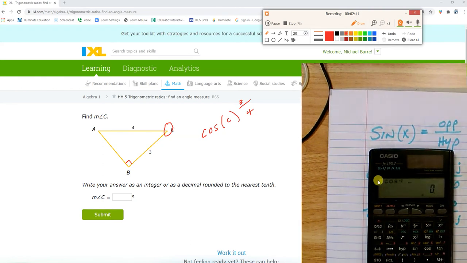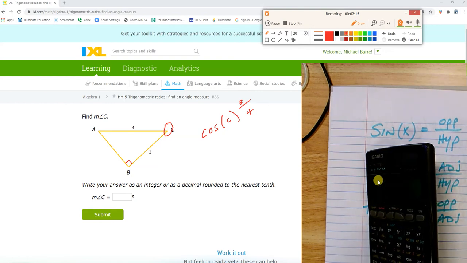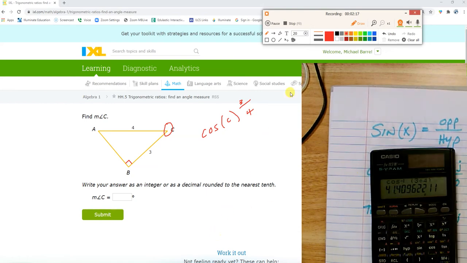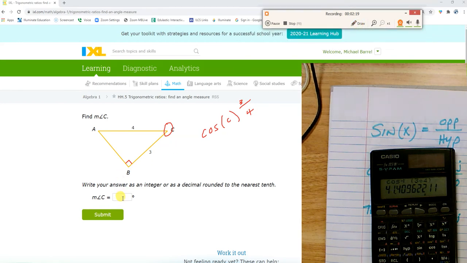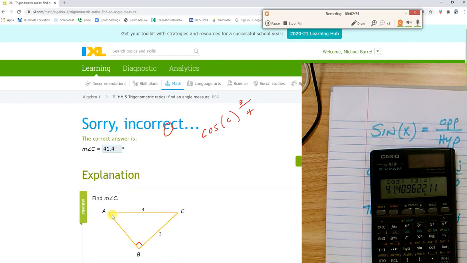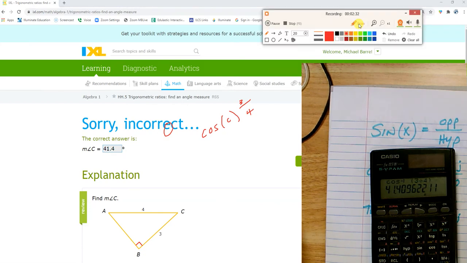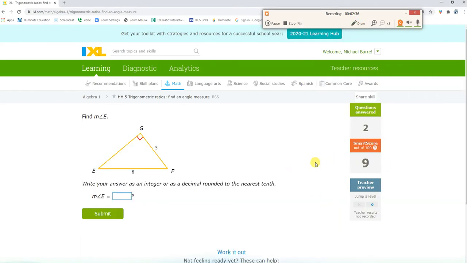Inverse cosine 3/4. How about 41.4? It's on my calculator. All right, I got it.